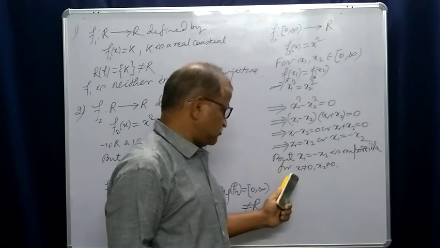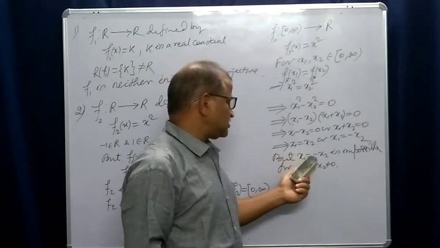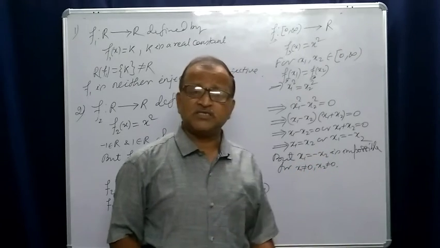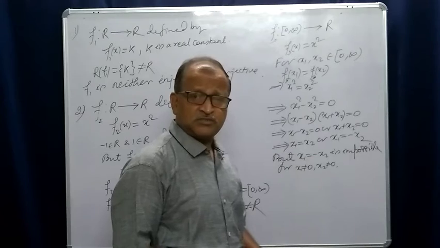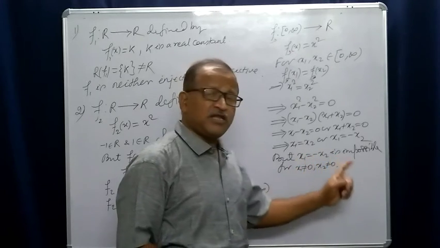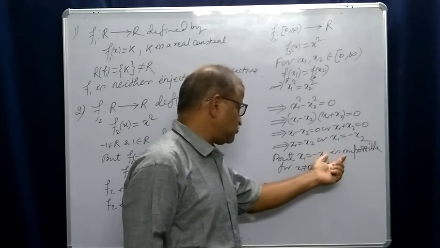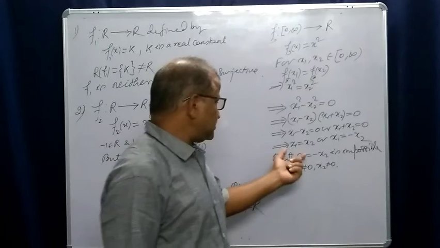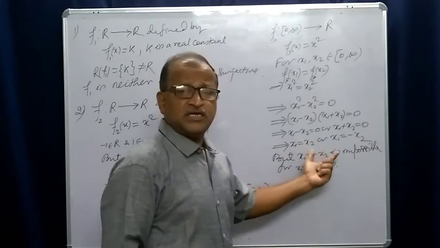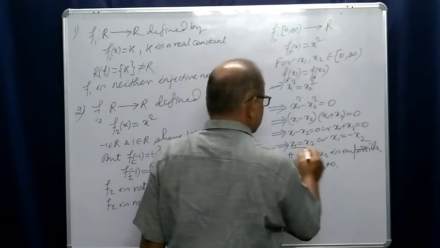If it is not 0, they are positive real numbers. So x1 is equal to minus x2 is impossible in that case because both are positive numbers. One cannot be the negative of the other. If x2 is positive then x1 would have to be negative. So this is impossible. Okay. So the only possibility is x1 equal to x2.